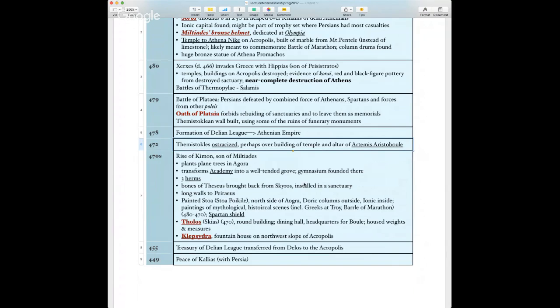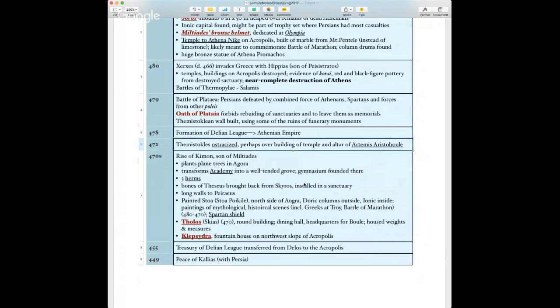Cimon did a number of things to raise the architectural profile of Athens, bringing back the bones of Theseus from an island called Skyros, putting him in a sanctuary. Theseus, remember, the legendary king of Athens who created democracy. He also built the long walls to the Piraeus, the port of Athens.